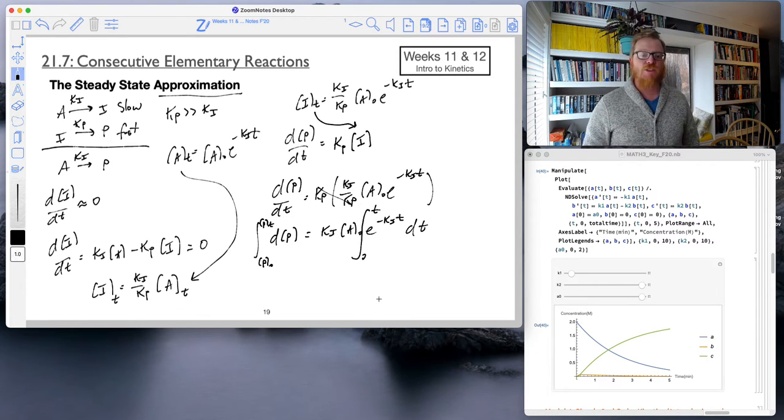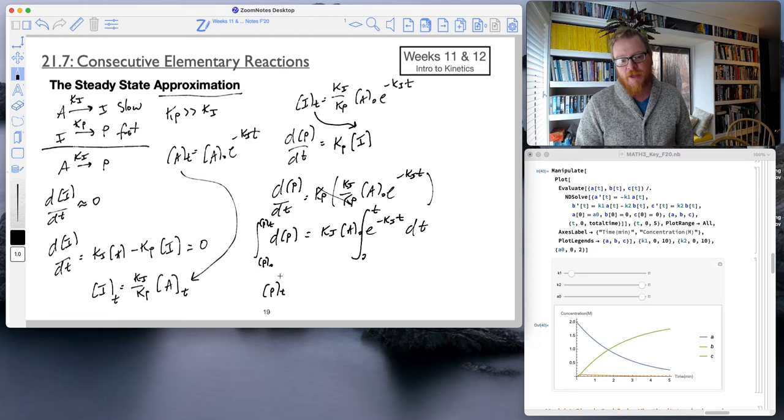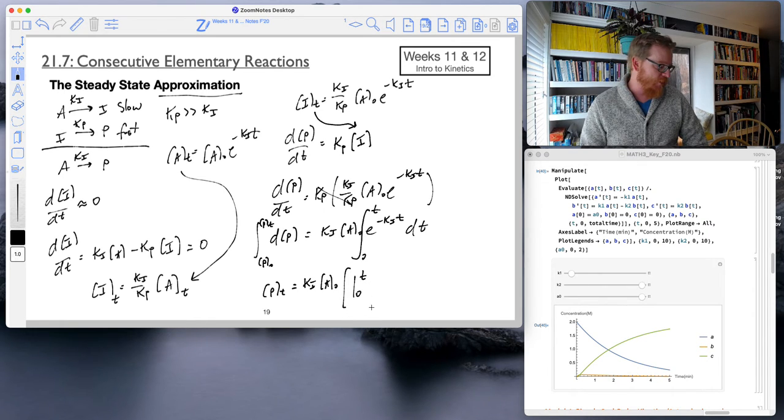Okay. And so what we get here is this just becomes P at time t. So I know that it should be P at time t minus P0, but we know that P0 is equal to 0. So it just becomes P(t), okay, equals. And so now we've got a little bit of algebra to do. So this is going to be Ki times A initial. And so then I'll just write the results of our integration. So we know we've got to integrate that from 0 to t.